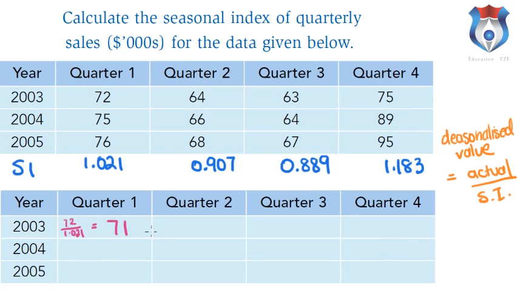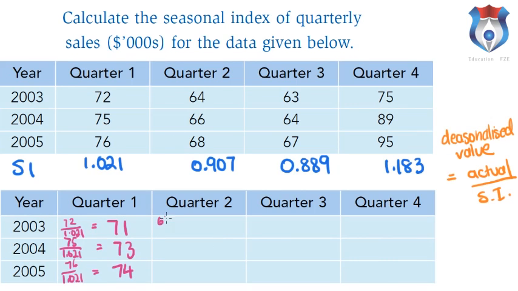71 when I round that to the nearest whole number. For this 2004 quarter 1 figure of 75, I'm going to say 75 divided by its seasonal index, 1.021, and I get 73. For this last one, 76 divided by 1.021, I get 74, rounding to the nearest whole number.